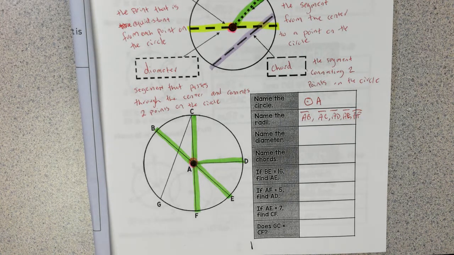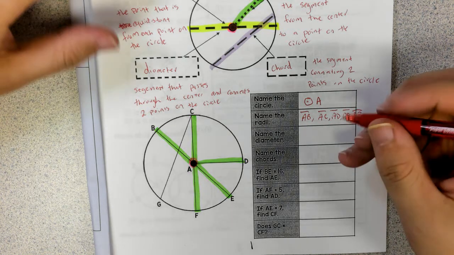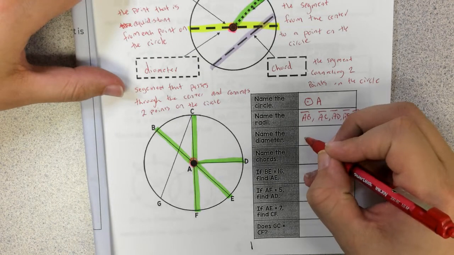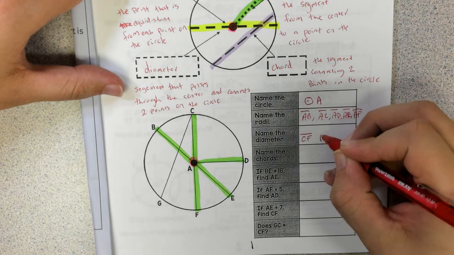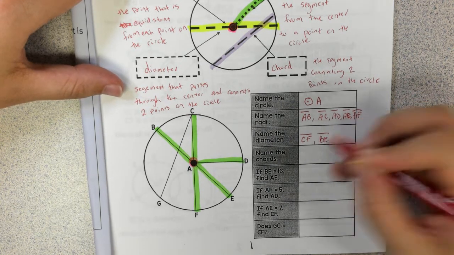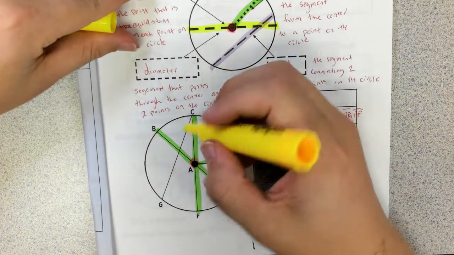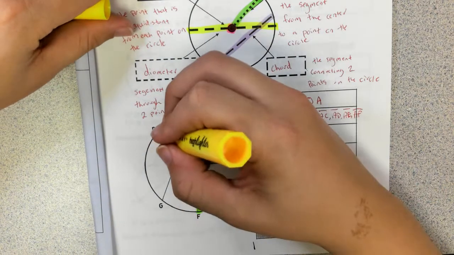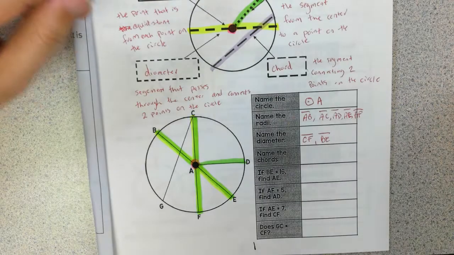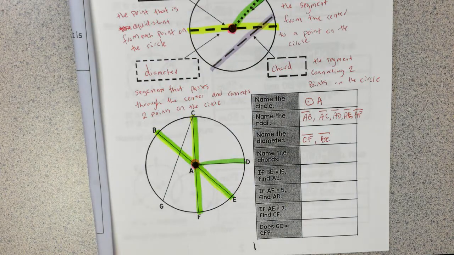Now for the diameter, we have 2 diameters. We have diameter CF and diameter BE. Okay, remember the diameter is a line that goes through the center point to the opposite side of the circle. So we have BE and CF there.